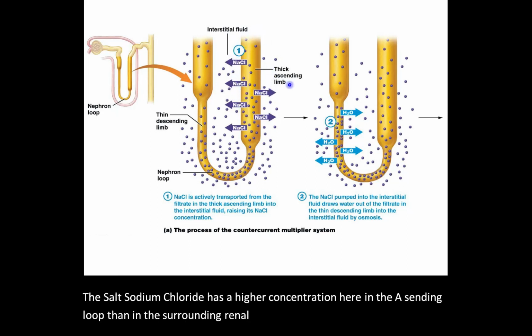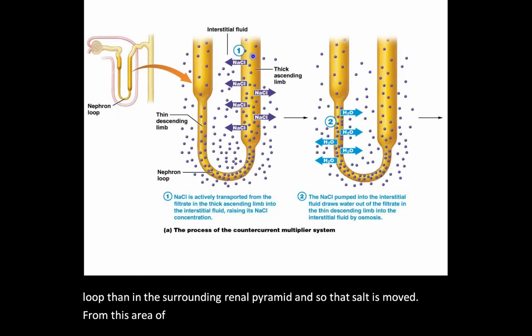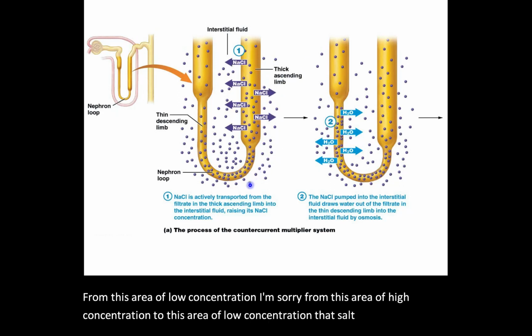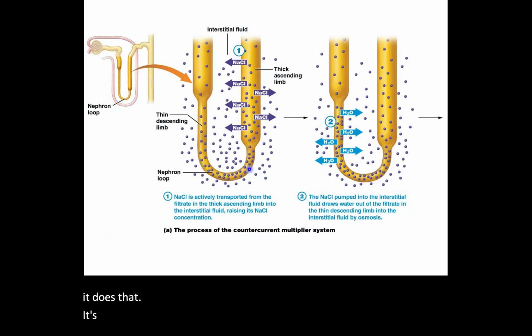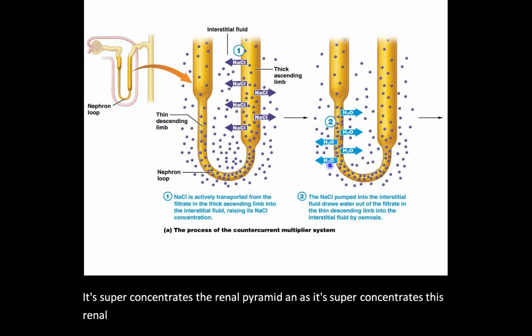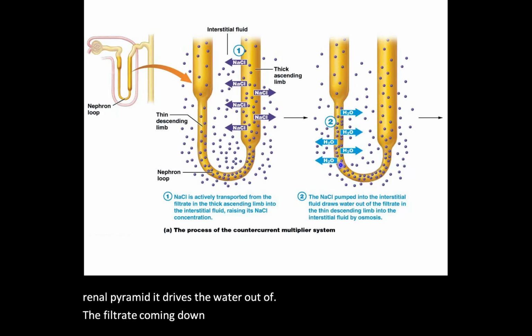And so that salt is moved from this area of high concentration to this area of low concentration. As it does that, it super concentrates the renal pyramid. And as it super concentrates this renal pyramid, it drives the water out of the filtrate coming down the descending loop and down into this loop of Henle.